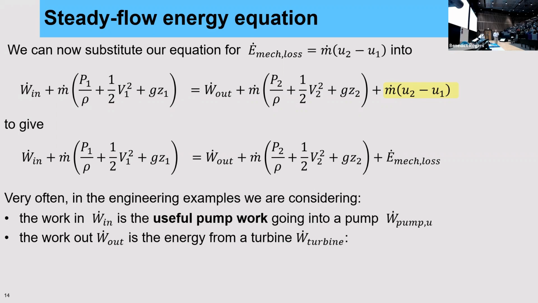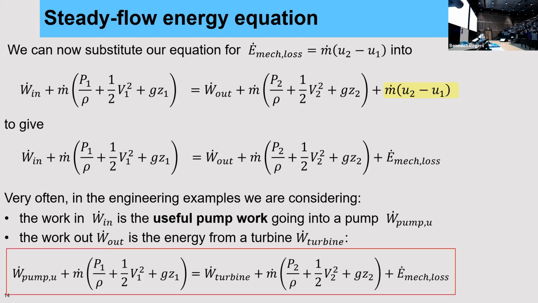Very often in engineering, we consider the work in to be what we call the useful pump work. In this case, I'm calling it W dot pump, comma, U. You'll find that very often in textbooks. And the work out is very often the energy to a turbine.